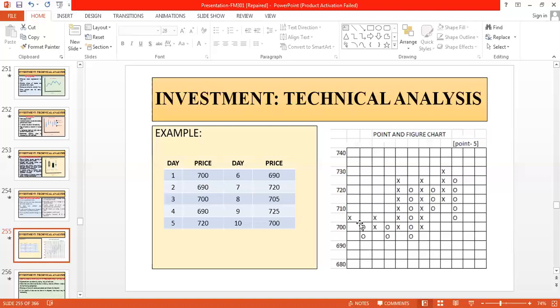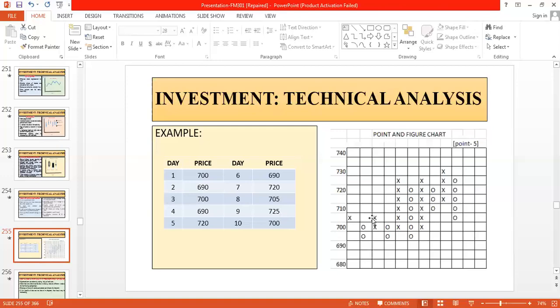So just see from 700, in each square you have to write 1 zero. So two zeros means a 10 rupee, two 5-point decrease. Now on the third day, again from 690 to 700, there is a 10 rupee increase, meaning a two 5-point increase. So after this zero, you give 2 crosses.